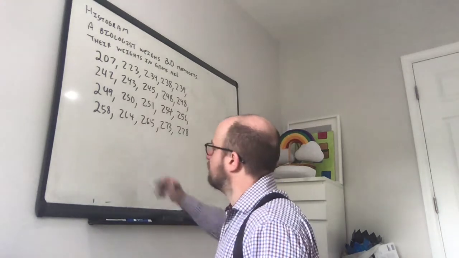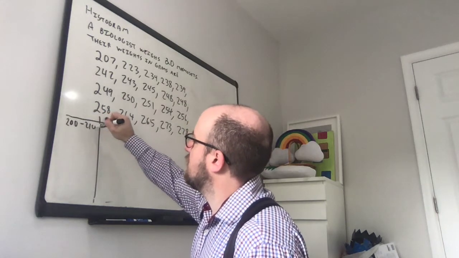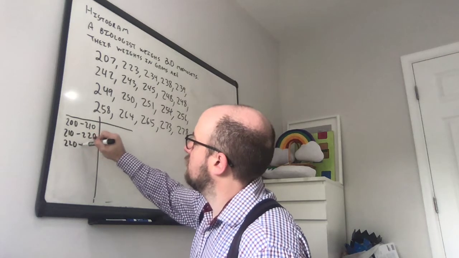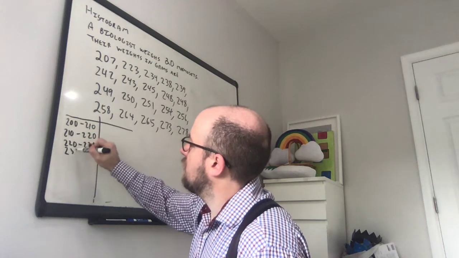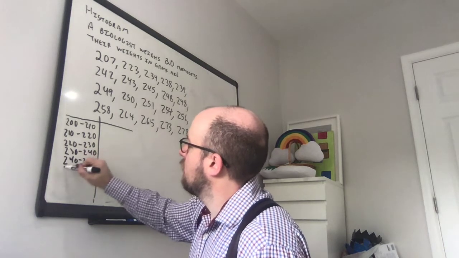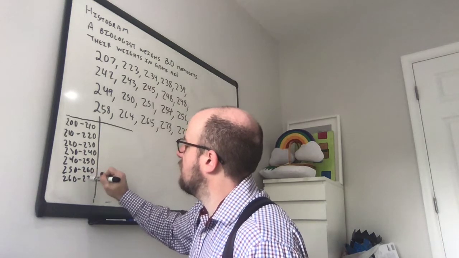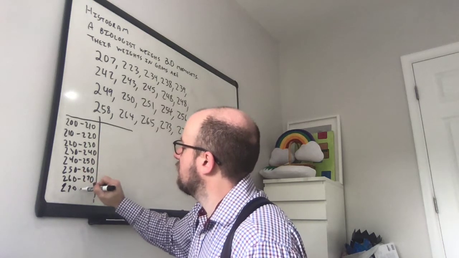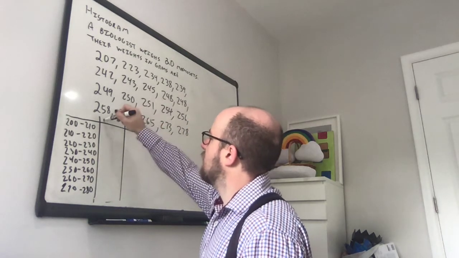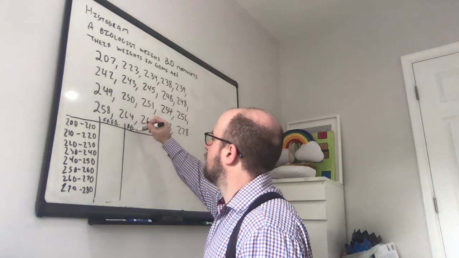Let me rewrite those. So 200 to 210, 210 to 220, 220 to 230, 230 to 240, 240 to 250, 250 to 260, 260 to 270, and 270 to 280. Okay, and I'm going to put in frequency and relative frequency.